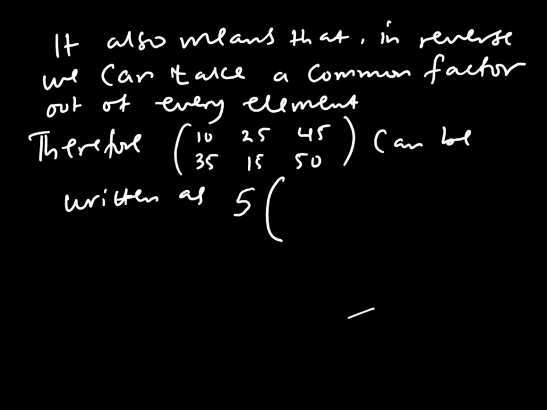So 5 divides 10 2 times, 5 divides 25 5 times, 5 divides 45 9 times, 5 divides 35 7 times, 15 is 3, and here it is 10. So we can take a common factor out of a matrix if it is common in each and every entry. That is also a scalar multiplication, because we are now bringing it out. That is something I wanted to teach you, and we can use this knowledge to answer this question.